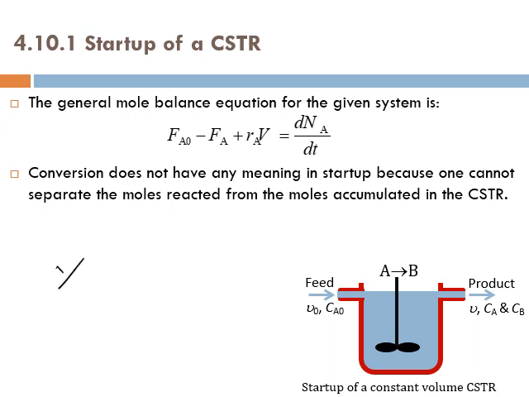Let's look at X. X equals FA naught minus FA divided by FA naught. Assume now we don't have reaction, and in my feed I have only A, obviously. The CSTR is filled with solvent only.